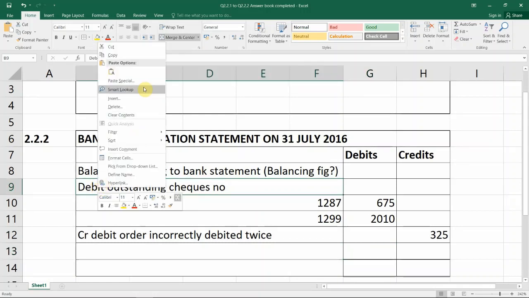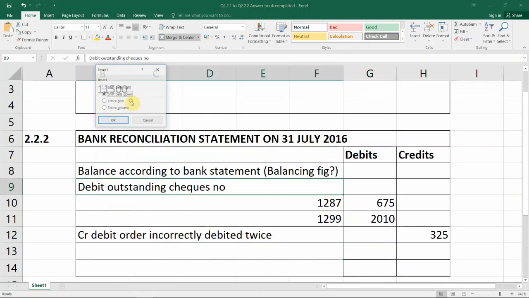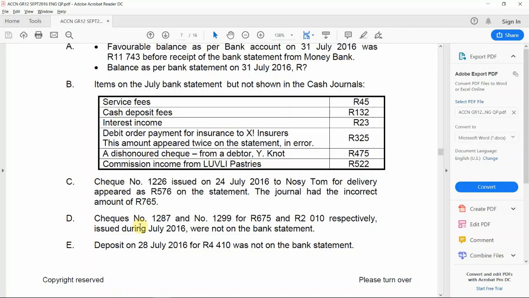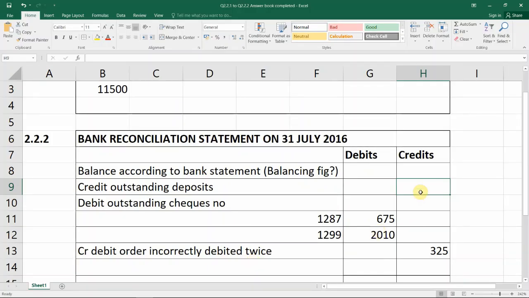Just going to insert a line here. So we have to credit outstanding deposits and the amount is 4,410.